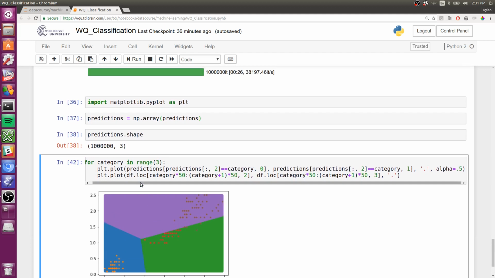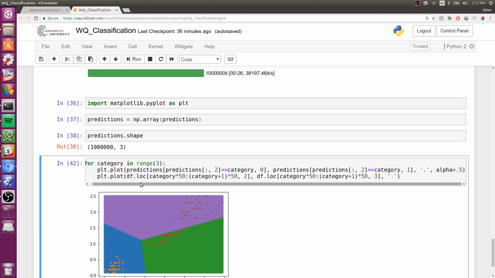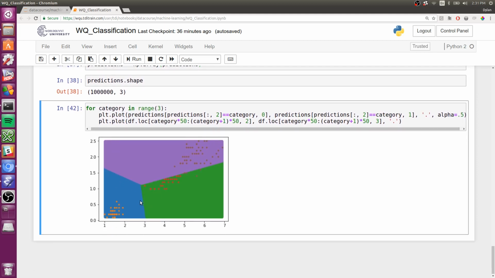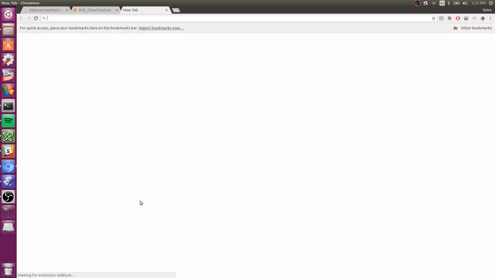And the mathematics of how this works actually comes back to linear regression.